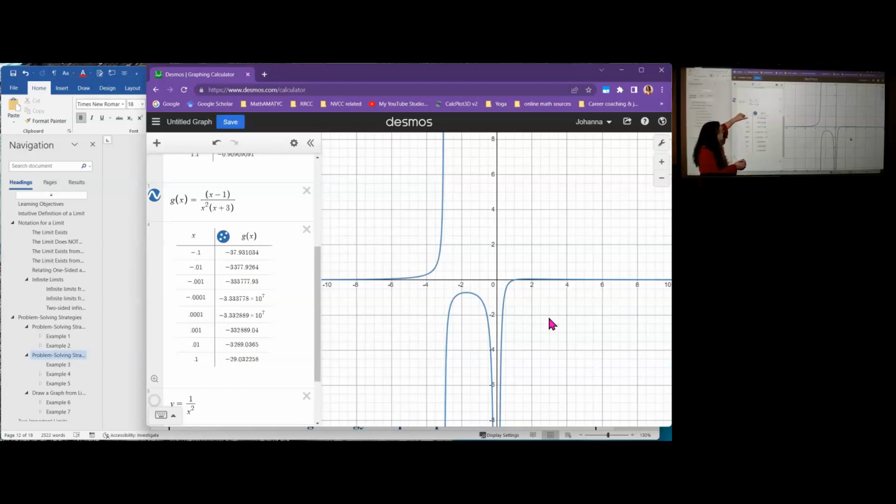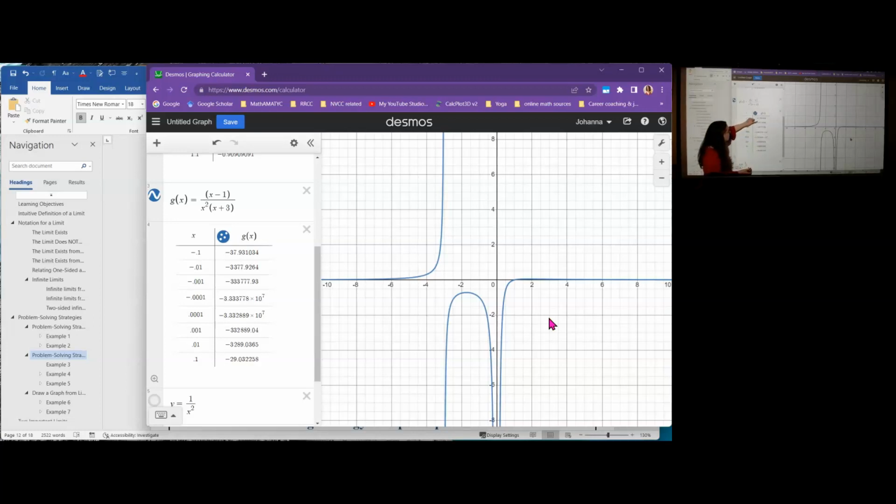So we start with -0.1, -0.01, getting close to 0 from the left. And then from the right, we start with 0.1, then 0.01, getting close to 0 from the right. Notice that these numbers, as we approach 0, are getting larger and larger in absolute value, but they're all negative.